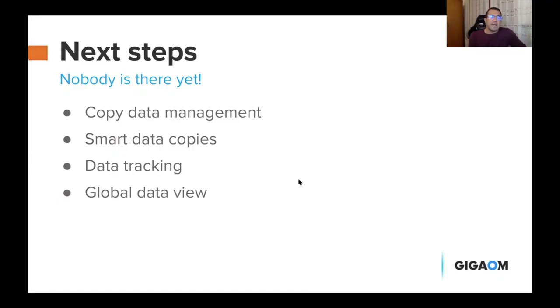And then you want a global data view. I already mentioned global in a previous slide. I mean, you want a global view of your infrastructure because you want to manage it globally, but actually more than infrastructure management, data management is important.